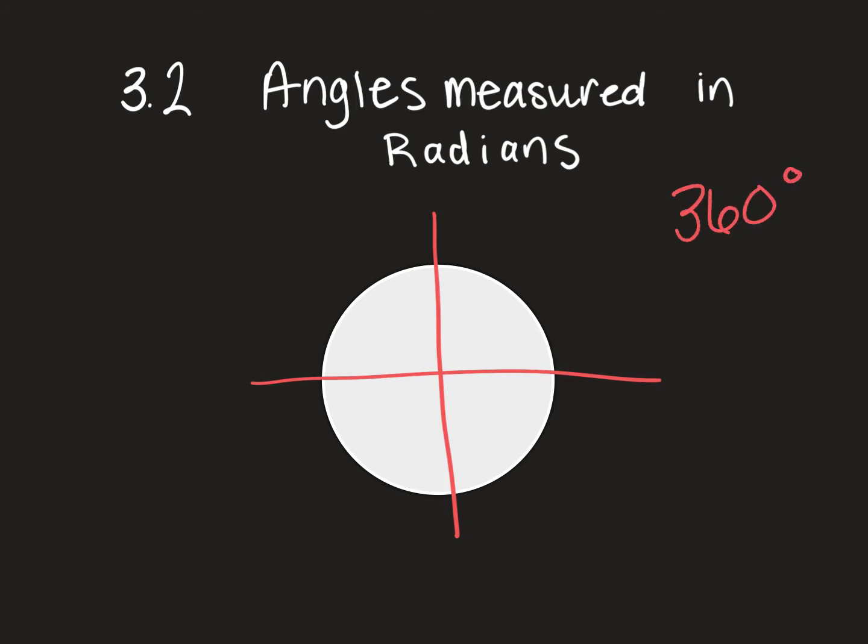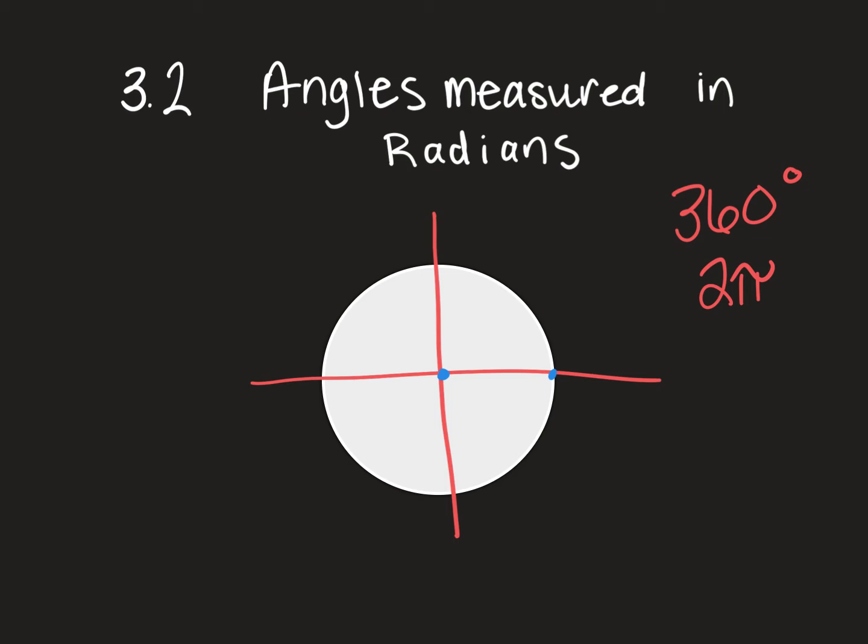In radians, that is equivalent to 2 pi radians, because 1 radian is the length of 1 radius, so it's like from here to here, but put on the arc of the circle. That ends up being 2 pi, because think of finding the circumference of a circle, 2 pi r, so 2 pi radians in one circle.